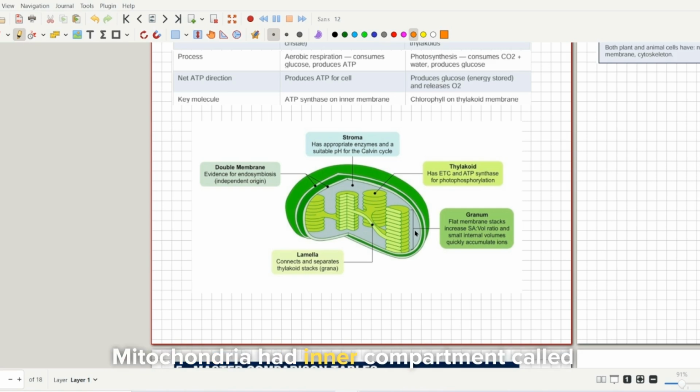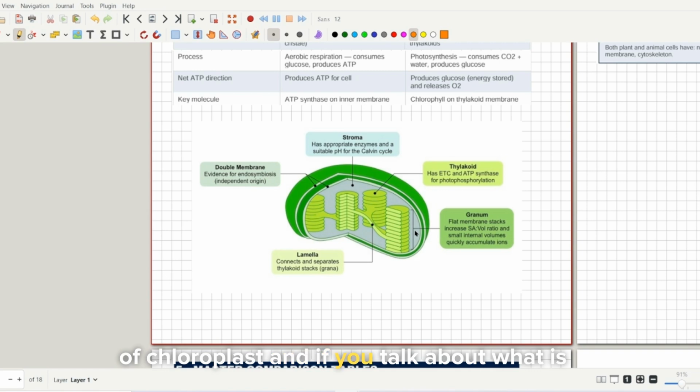Mitochondria had an inner compartment called the matrix, and in the matrix a process called respiration was happening, right? The Calvin cycle happens in the stroma of the chloroplast.